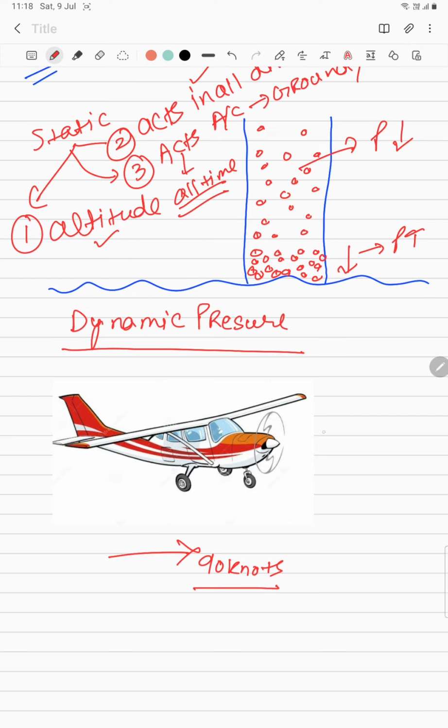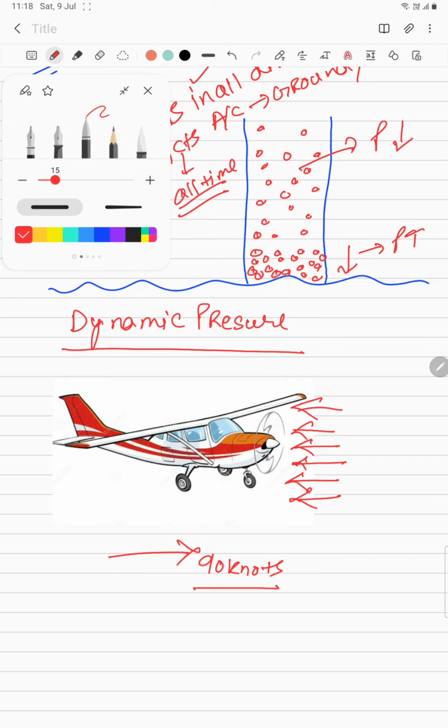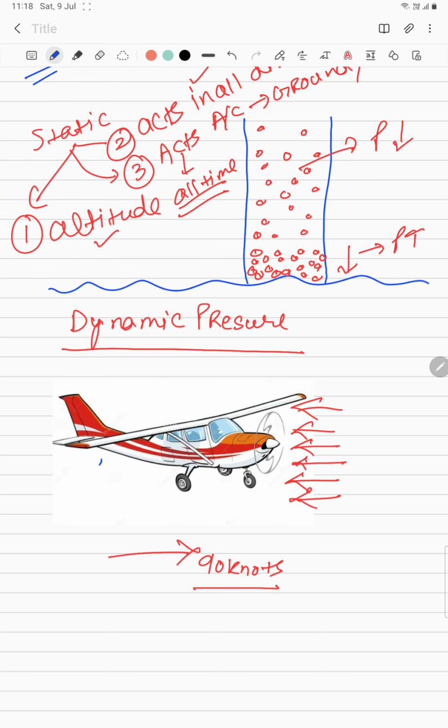Now guys, the dynamic pressure will be acting opposite to the direction of motion. So this is your dynamic pressure. Unlike your static pressure, let me just take a blue marker to show you the static pressure. The static pressure is acting on all sides of the aircraft, from every side.